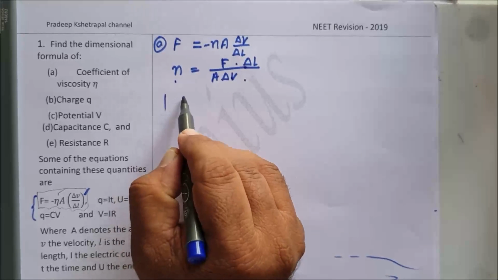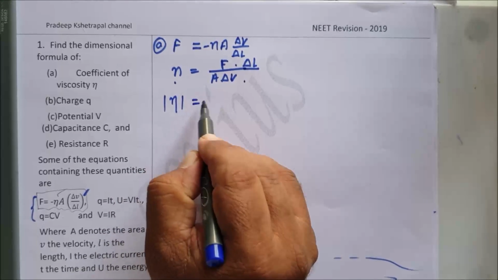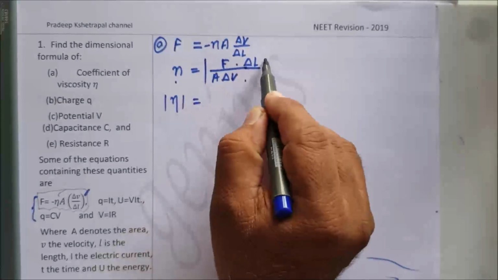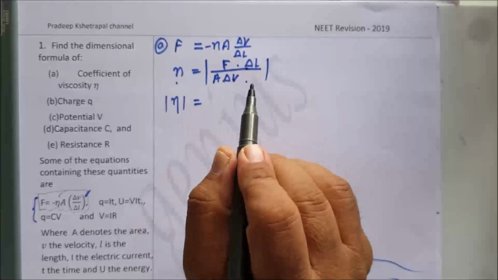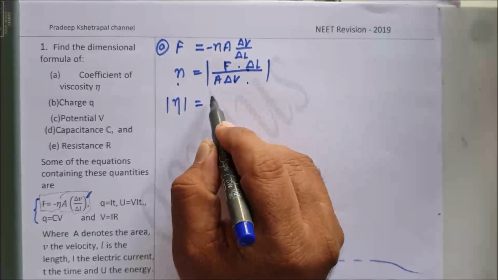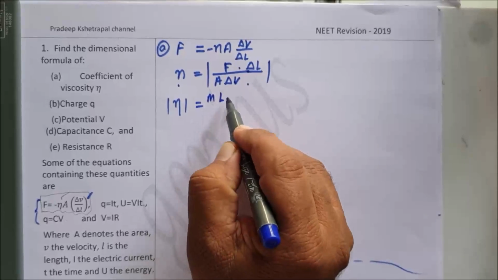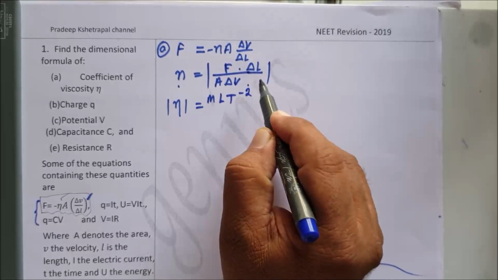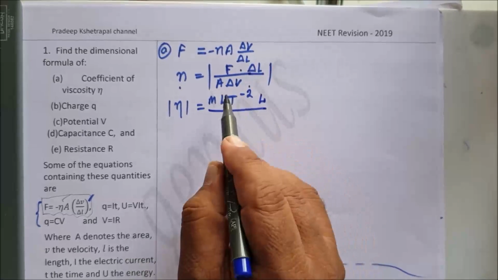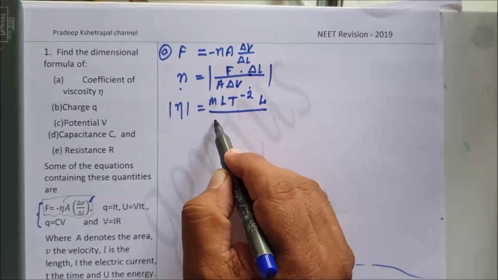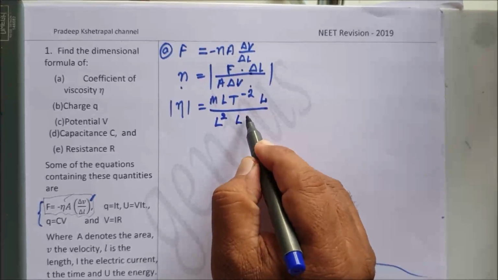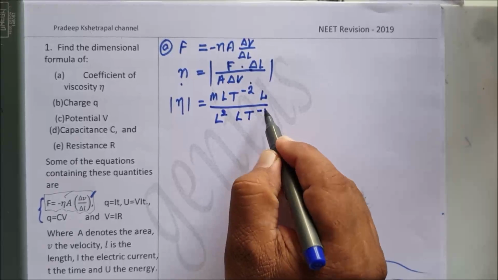So dimensions of eta are equal to the dimensions of this whole thing. Force has dimensions of M L T minus 2, delta L has dimensions of L, area is L squared, and V is velocity, L T minus 1.